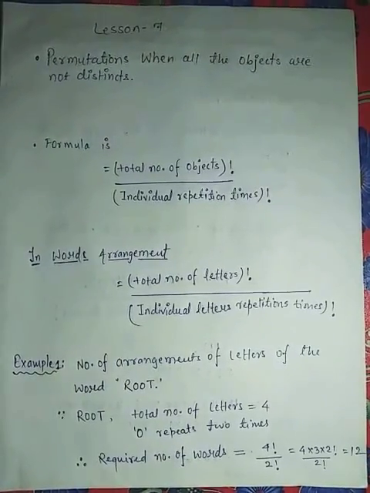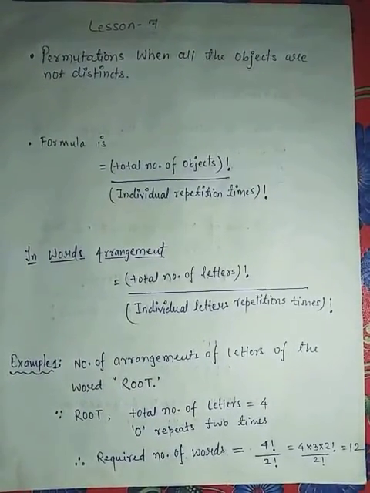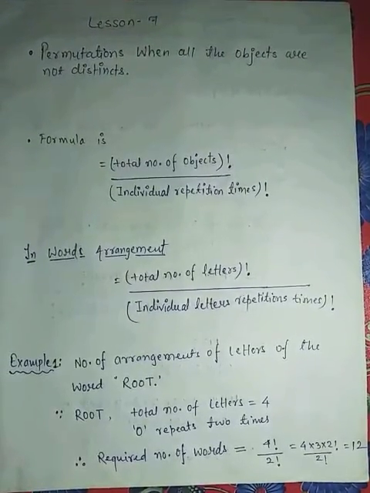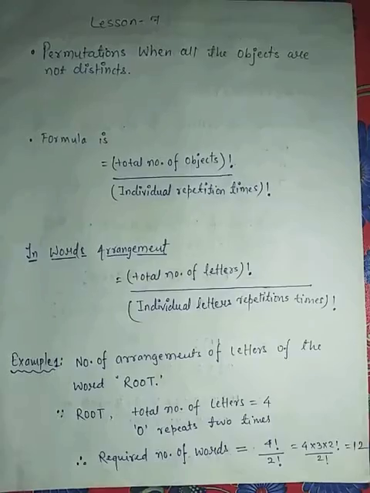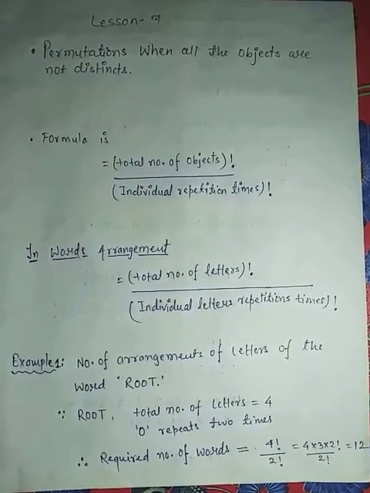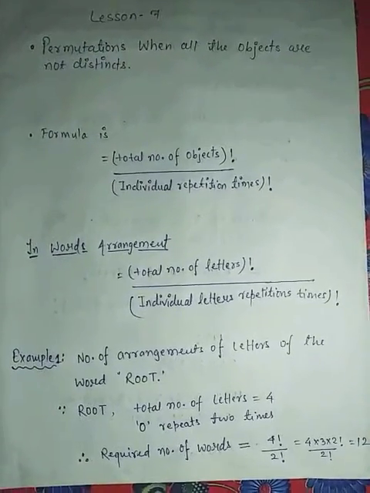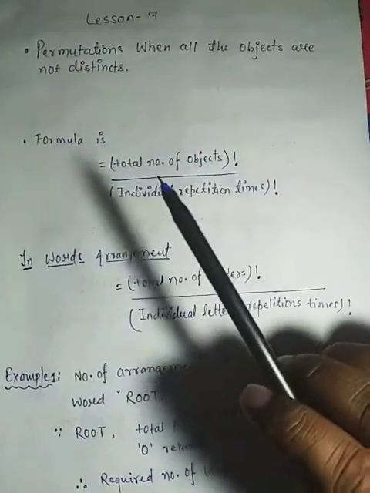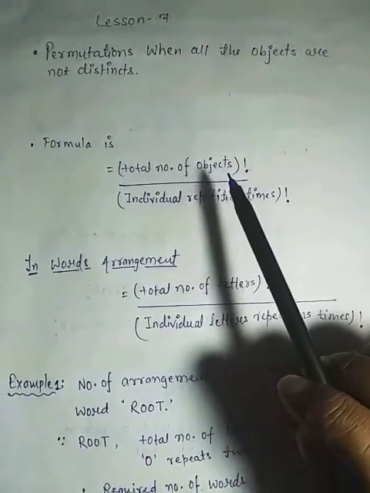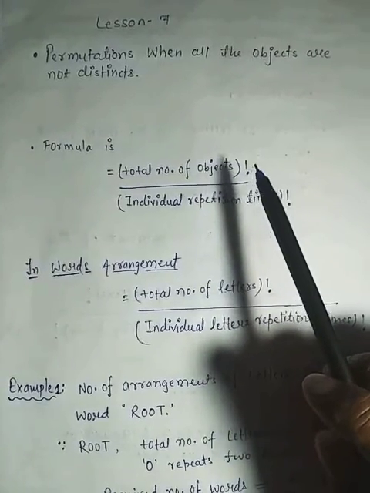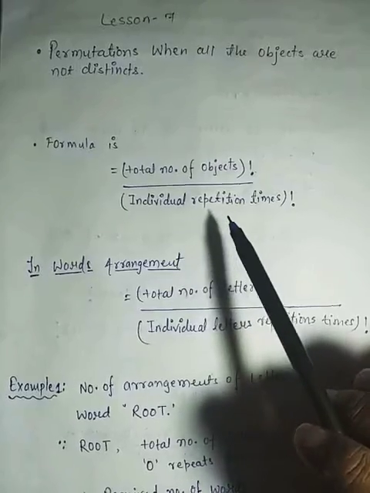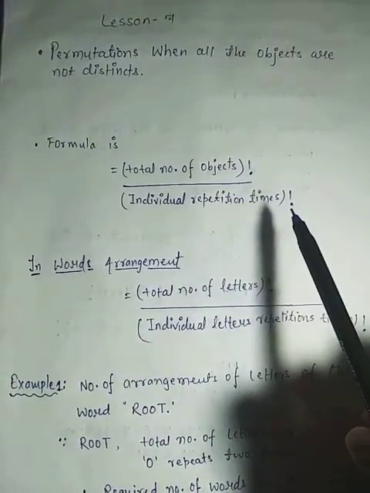डियर स्टूडेंट, आज हम डिस्कस करेंगे लेसन 7। आज का टॉपिक है परमुटेशंस व्हेन ऑल द ऑब्जेक्ट्स आर नॉट डिस्टिंक्ट। फॉर्मूला इज टोटल नंबर ऑफ ऑब्जेक्ट्स factorial by individual repeating times factorial.